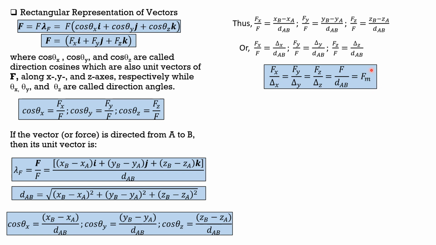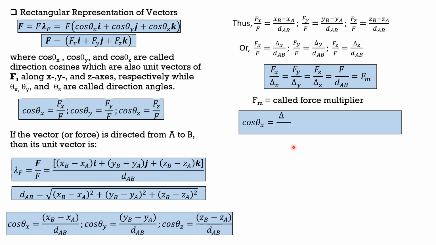That ratio is constant, and we call it the force multiplier. So Fx is simply delta x times the force multiplier, Fy is delta y times the force multiplier, Fz is delta z times the force multiplier, and of course, F is the distance AB times the force multiplier.